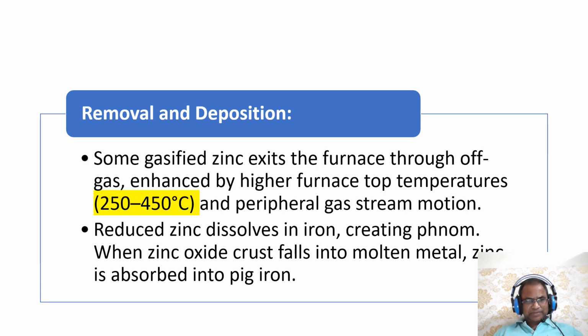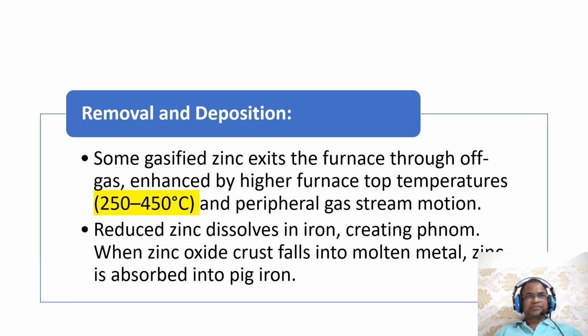Apart from that, zinc dissolution in the form of unprepared burden, when this sort of accretion or buildup peels off or collapses in the blast furnace, also hinders the molten metal in the hearth, and it creates a lot of process upsets as well.